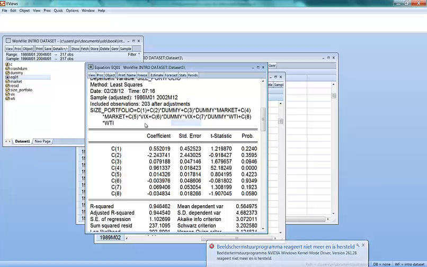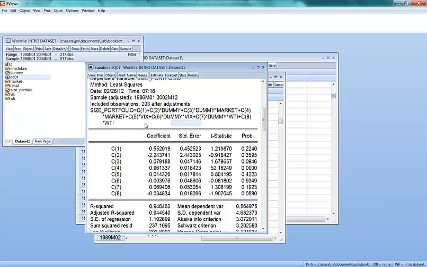We see that we have a coefficient for the intercept dummy, which is quite high, but not significant. We have the coefficient C3 for the market. It's not very high and not significant either. We have C6 and C7, which are again not significant either.